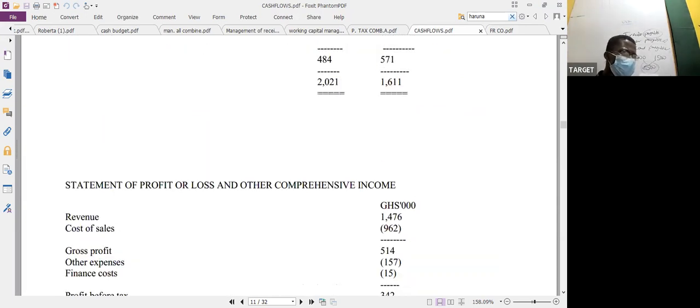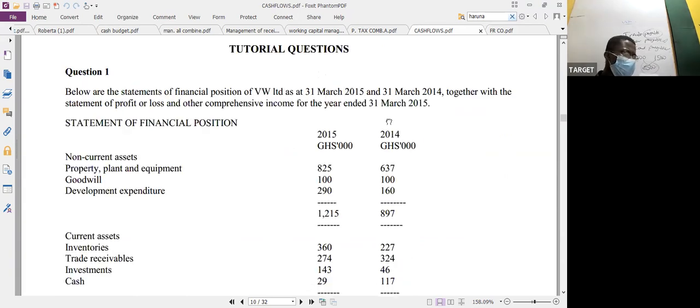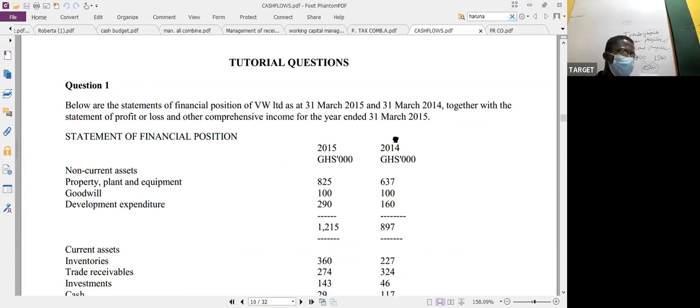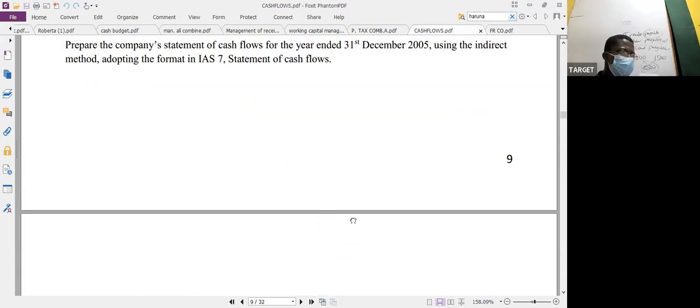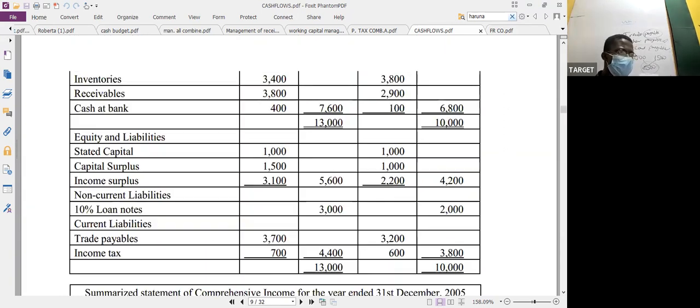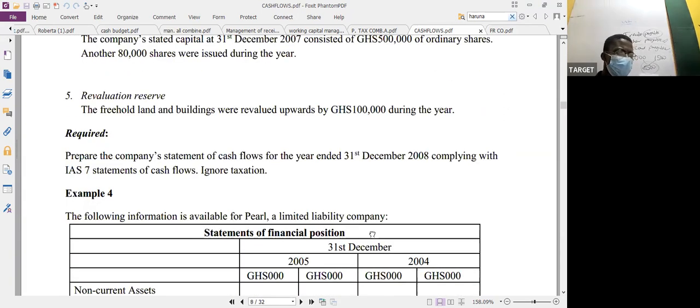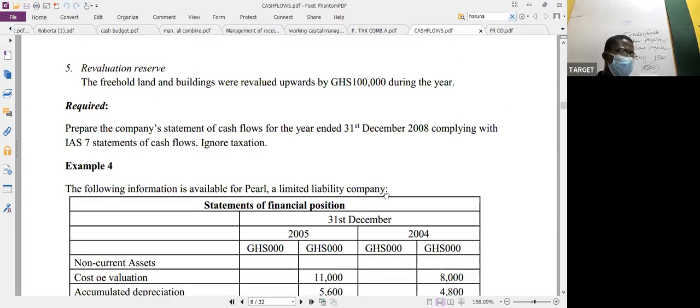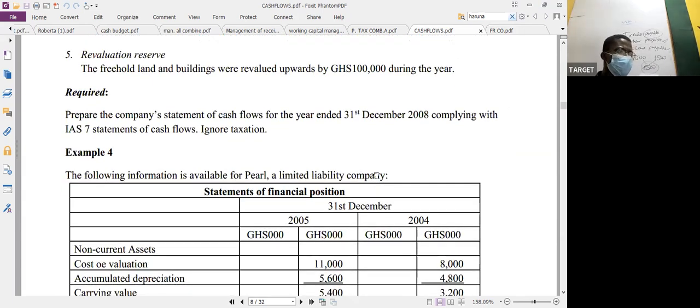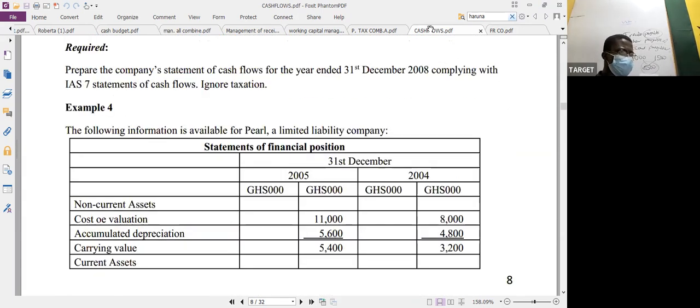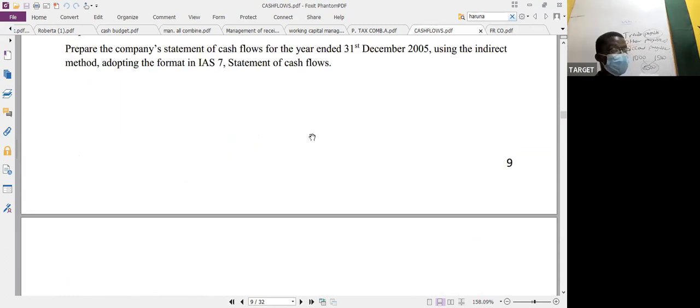That is question 5 or so. This one is pearl. Yeah, this is pearl. I have 2 questions to scan through.